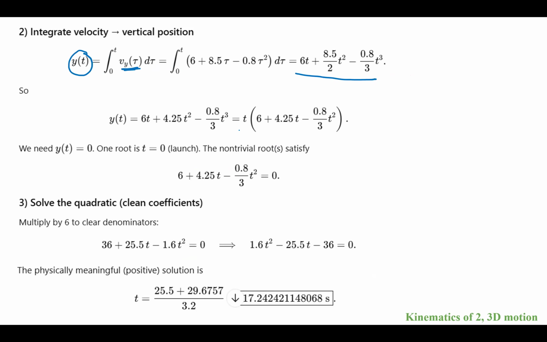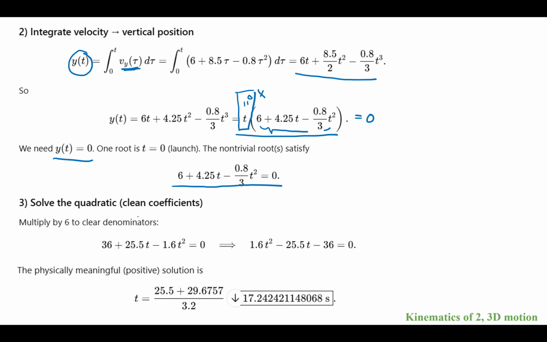And then y(t) is given in this factorized form. So we need to set y(t) to 0, and we note that t equal to 0 is one solution, but we don't want that. We want a solution for this quadratic equation, right?